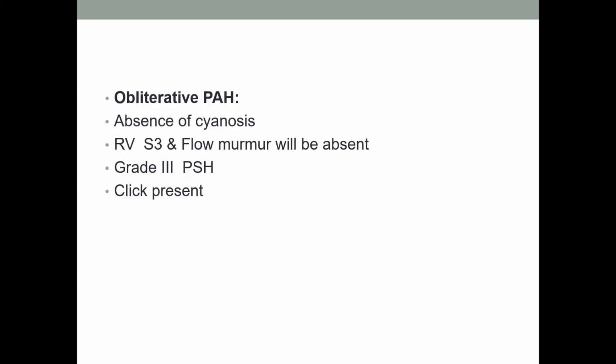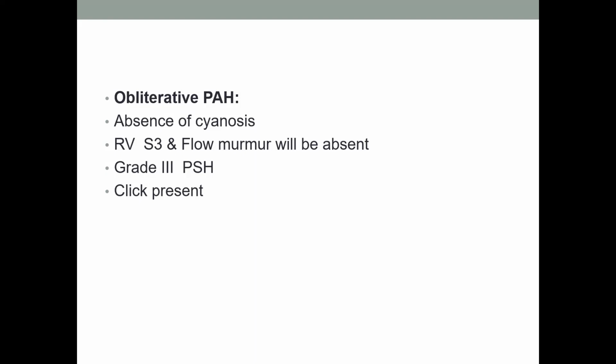This much you have. What else do you have? You don't have RVS3 MDM. This is the importance of RVS3 MDM. If you are not able to pick it up, your diagnosis changes. So as long as you think shunt is more than 2:1, you must get RVS3 MDM. But in the natural history of ASD, it is possible that the PA is now changing.